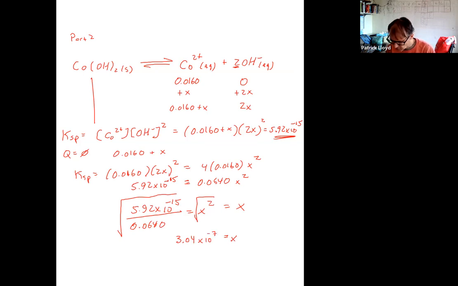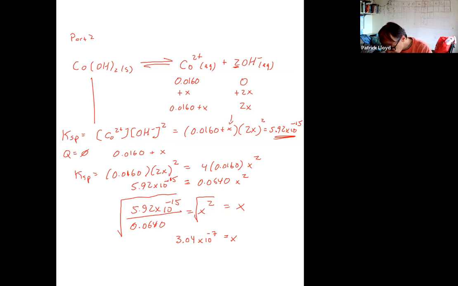It's really small. Even if the value of KSP were 10 to the minus 10, it would still be a pretty good assumption here, okay? Or even 10 to the minus 6 or 5. Really, for solubility constant calculations, you can generally get rid of the term that's in there.